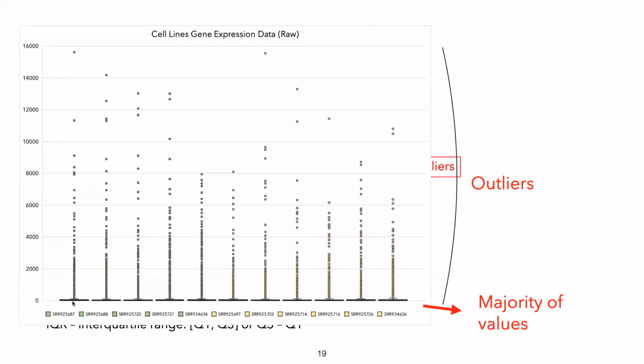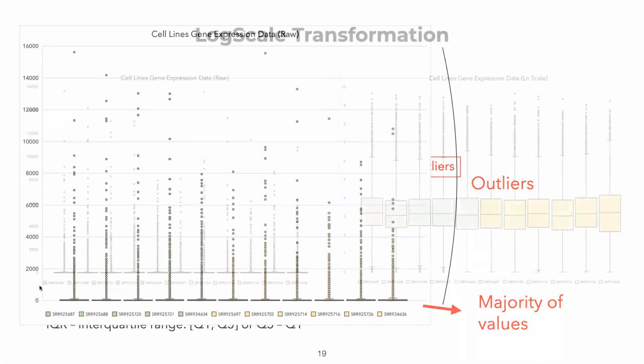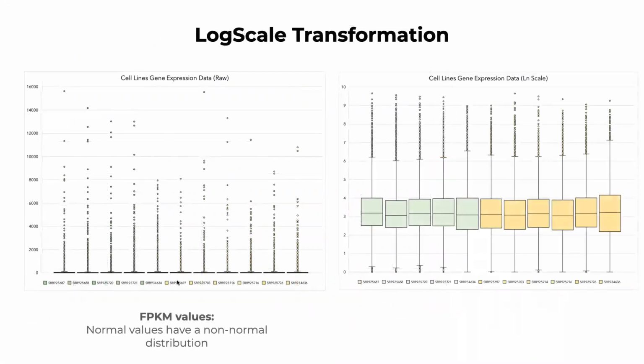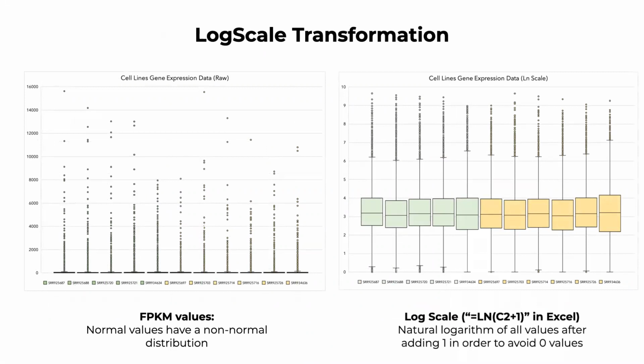Okay, so to address this problem, which is a common problem with biological data having a non-normal distribution, one of the ways to address this challenge is to change the scale. So this is our scale. The Y is the scale for the raw data. And we can change this scale, for example, to logarithmic scale. Logarithmic scale makes distances between very high and low values smaller.